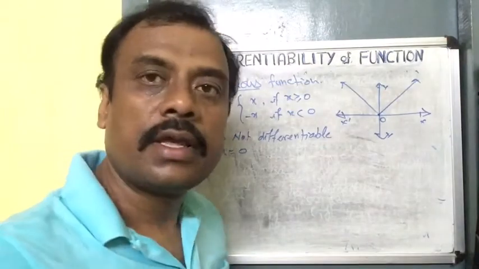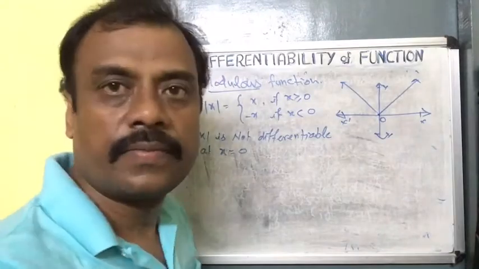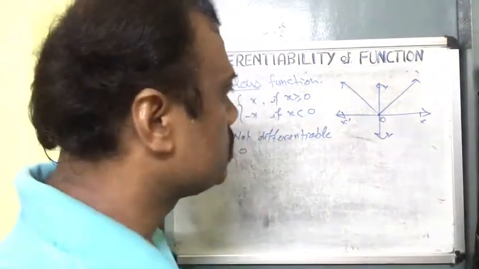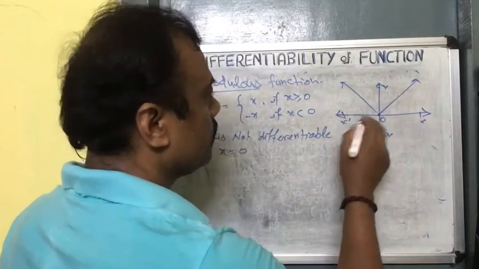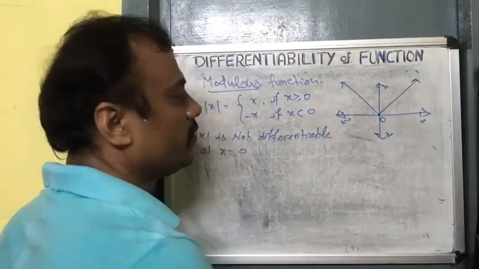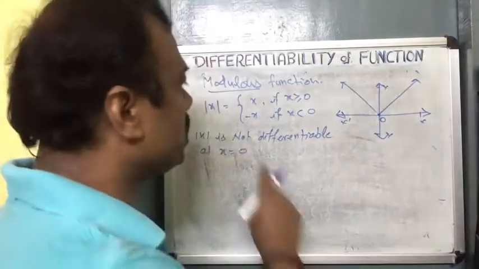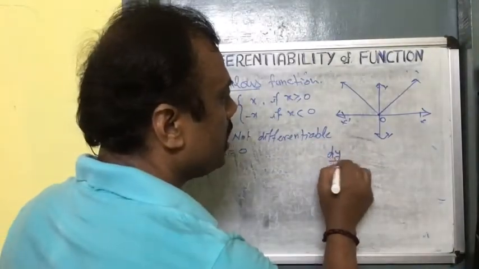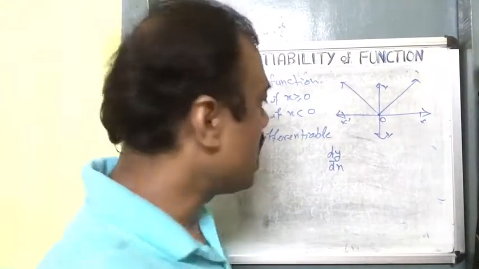How can we say? Just by seeing the graph, we can say if there is any corner point, then at that corner point the function will not be differentiable. Why? Because the differentiability, dy by dx or f dash x, is related with the tangent, and it is what?